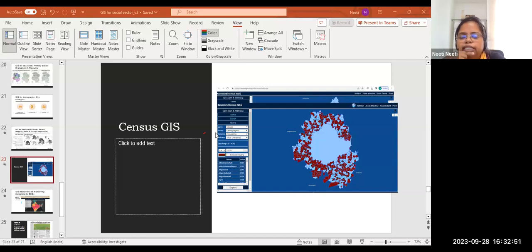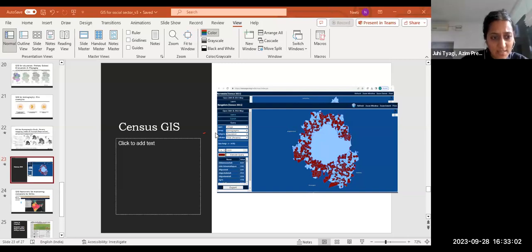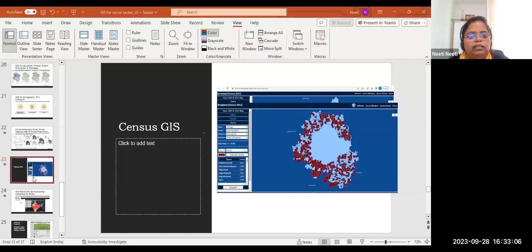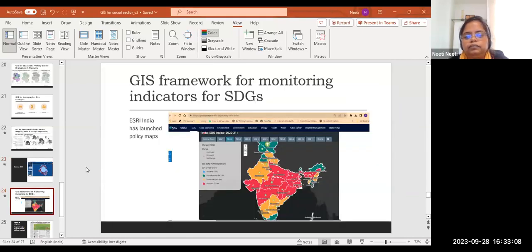Now, when we talk about GIS for the social sector, we can't avoid talking about SDGs. In fact, ESRI India has launched policy maps. You need to move to that slide. Okay, sorry. Here is a map showing SDG 1, how it has improved or declined in different states.